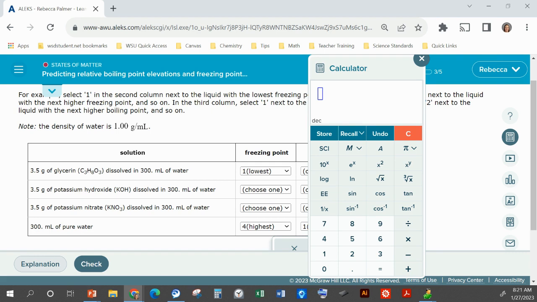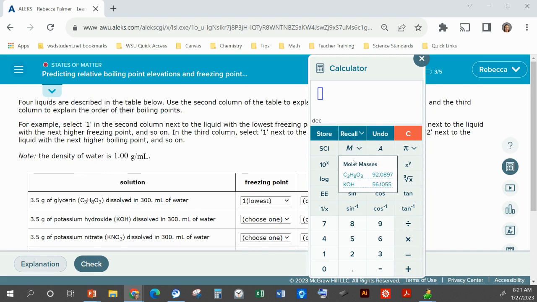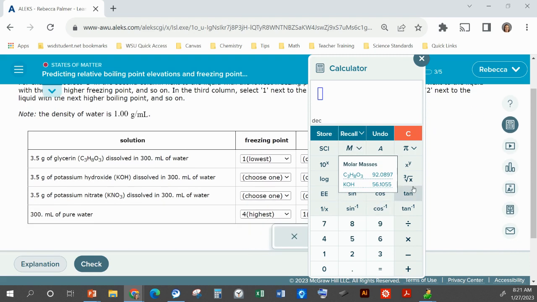And they gave this one to us also. Again, I don't know why they didn't give us all 3. That's kind of dumb. So we're just going to type in 3.5 divided by the molar mass of KOH.